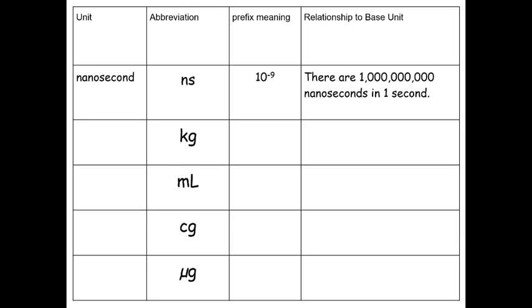So the first one was done for us, and we're practicing with this. It said the unit is nanoseconds, and I know that because when you look at the units that's shown here, the very first one, that's going to be your prefix letter. So you would use that prefix chart to figure out that that meant nano. And then the second letter is going to be whatever the base unit is.